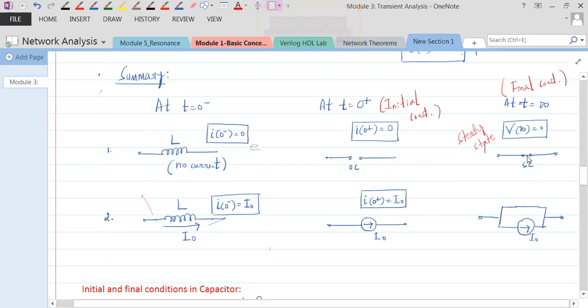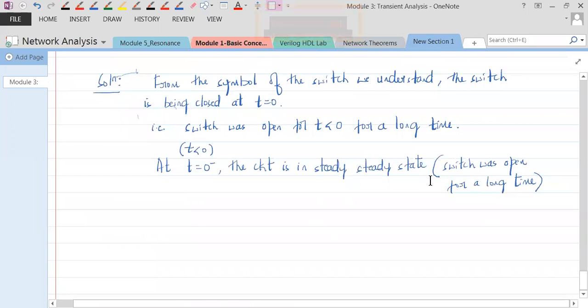Whatever is I of 0 minus, I of 0 plus would also be the same. Steady state means final condition. In final condition, the voltage across the inductor is 0. When would voltage be 0? Voltage is 0 when there is no resistance. So that means we have to short circuit that. So at steady state, the inductor is a short circuit. We need to gather that information here.